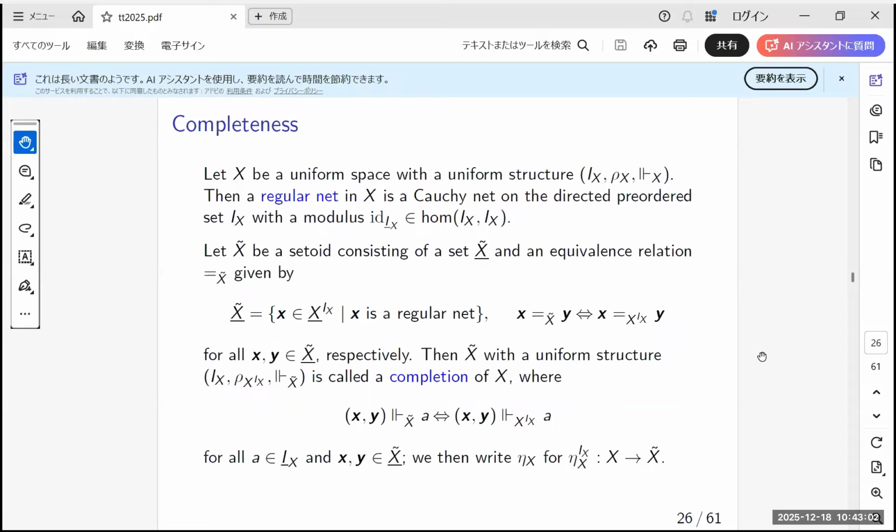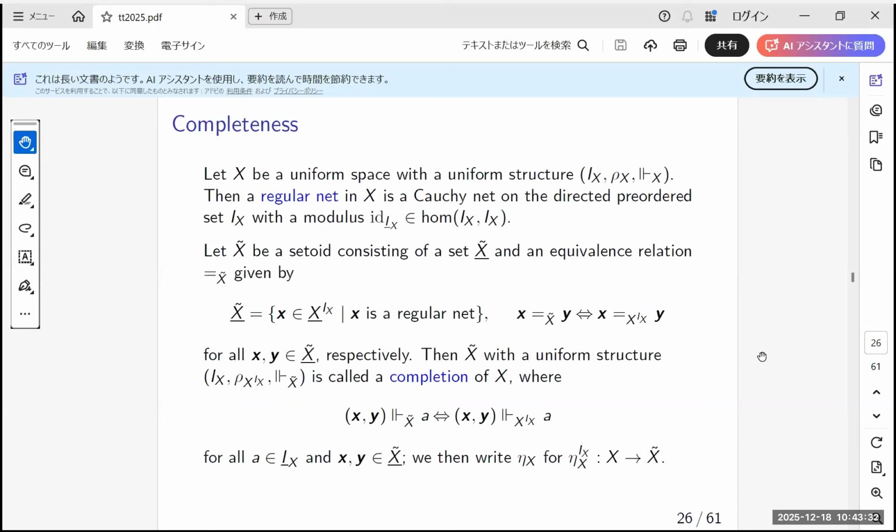A regular net is a cosinet on a directed preordered set I_X with modulus identity. Let X tilde be a setoid consisting of all regular nets, with the equivalence relation inherited from the net space.